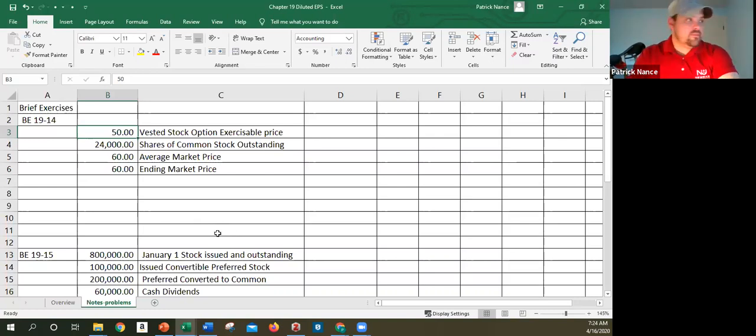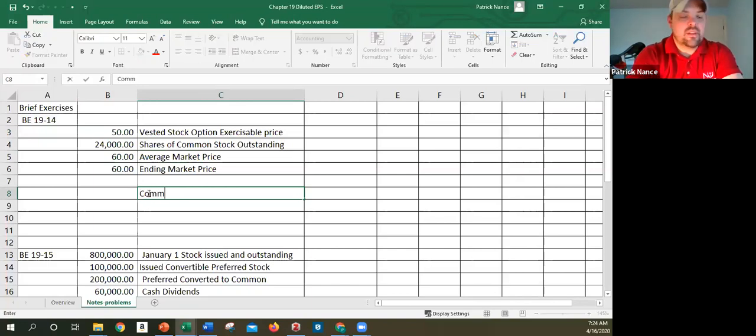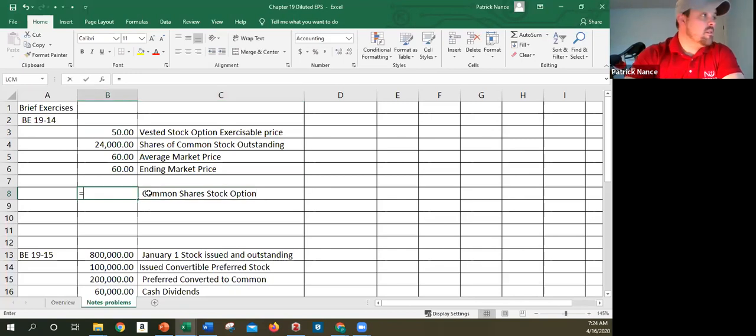So we're trying to figure out effectively how this affects the denominator in this case. So we need to take the number of common shares, just like we did in the last one. This is a common share really for the stock option. That's 24,000.